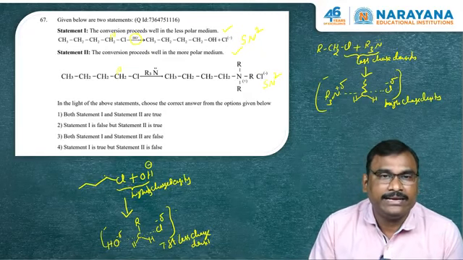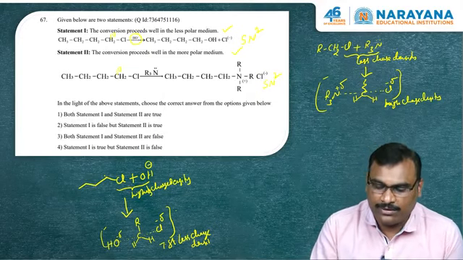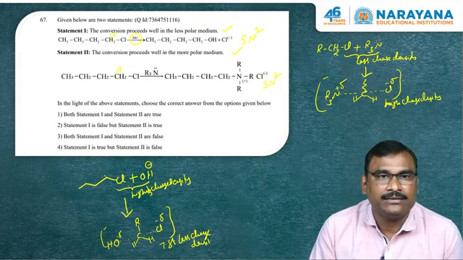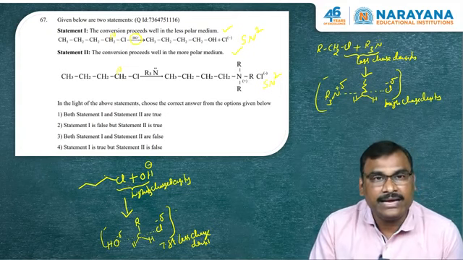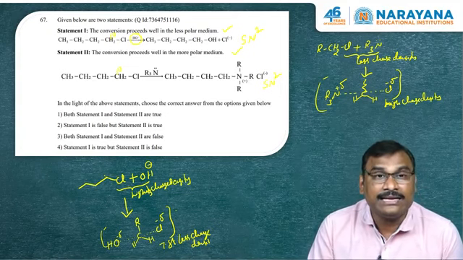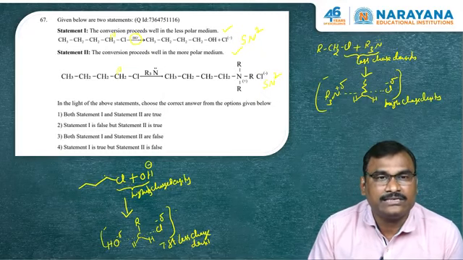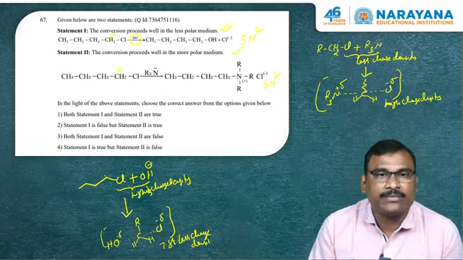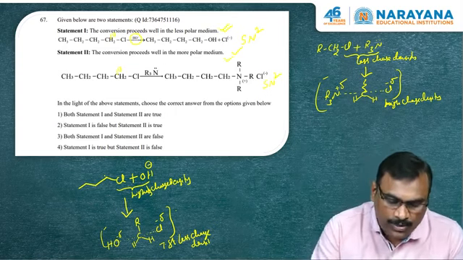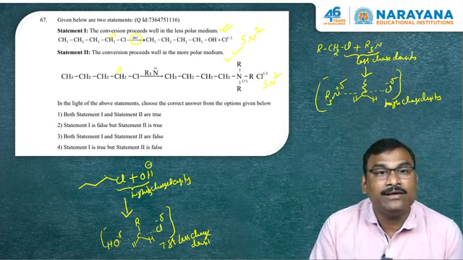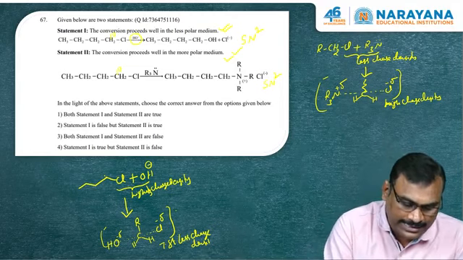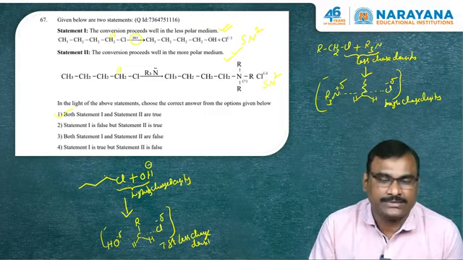A more polar medium gives a lower activation energy reaction, and in the first reaction, a less polar medium does not increase the activation energy. So in the first one a less polar medium and in the second one a more polar medium makes the reaction go at the fastest rate. So both statement 1 and statement 2 are correct for the given question.